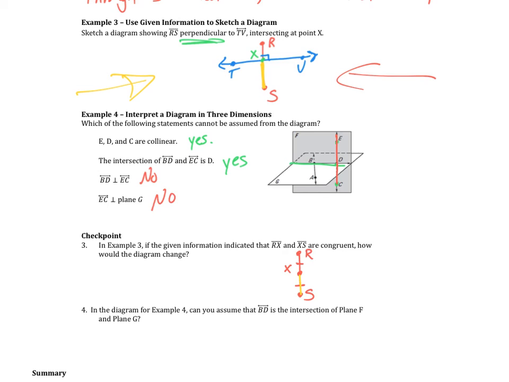You see those marks? And then I'm going to draw my line. This is line TV, and I'm going to draw my right angle box. So now it's the same drawing except we had to add those congruent markings.